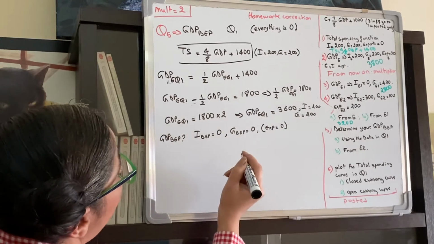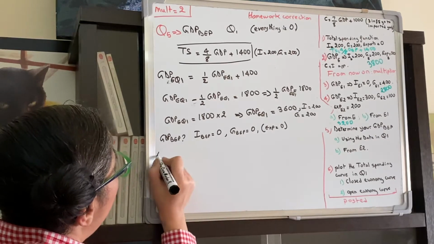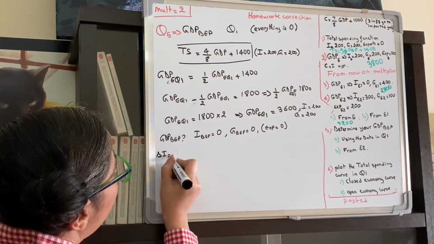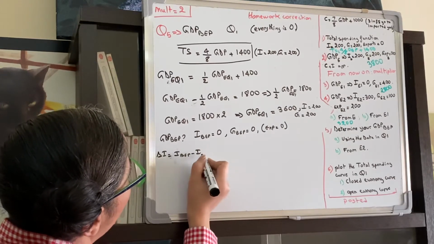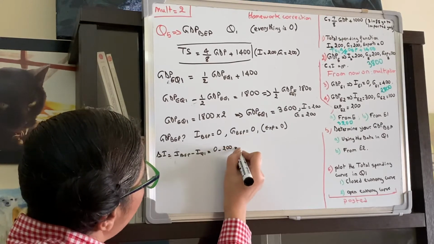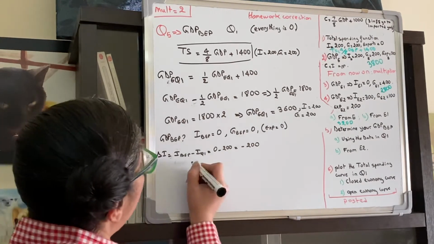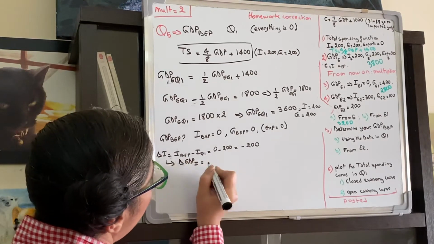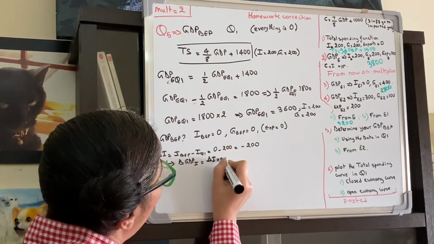So let's start. What am I doing? I need delta I. Delta I is equal to I at BEP minus I question 1, which is equal to 0 minus 200, which is equal to negative 200. Okay, so delta GDP due to I is equal to delta I times the multiplier.